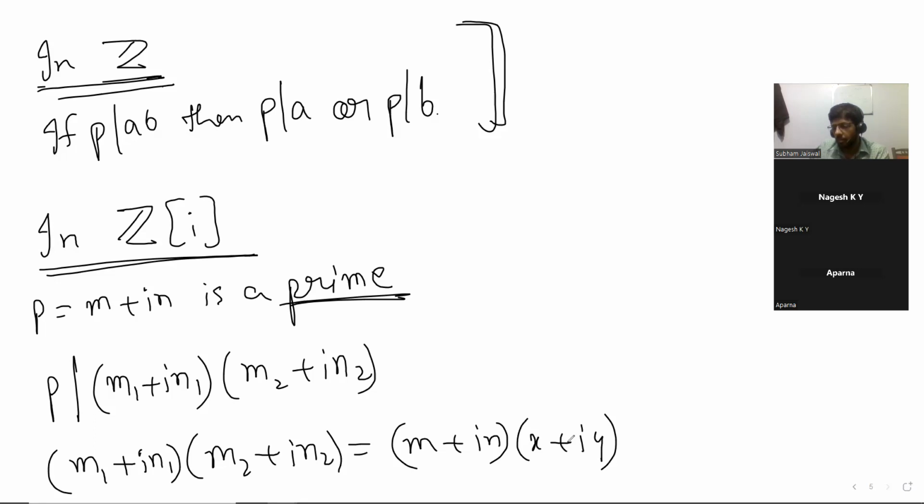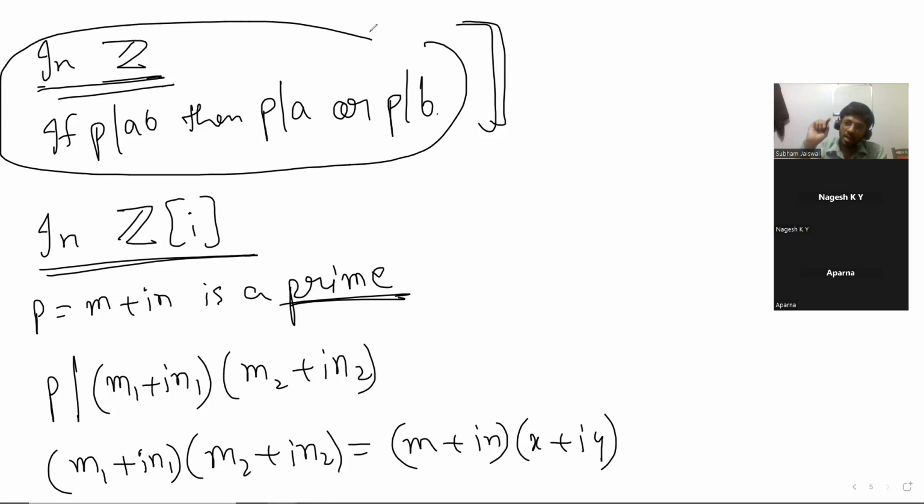Now from here I want to say, can I say that x plus iy divides one of the two? That is what I want to say. You see what I'm trying to do, right? There is this very special property of primes that we had in integers.